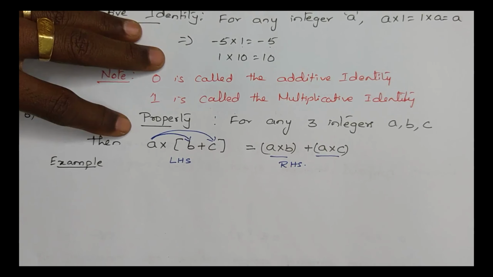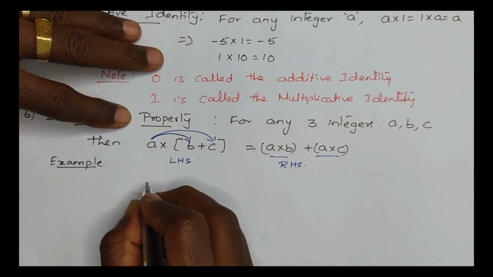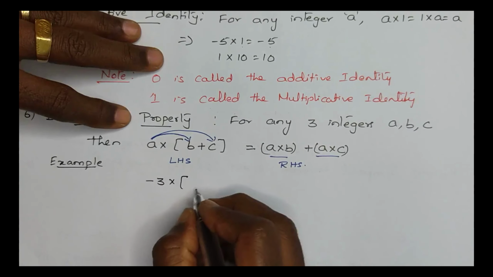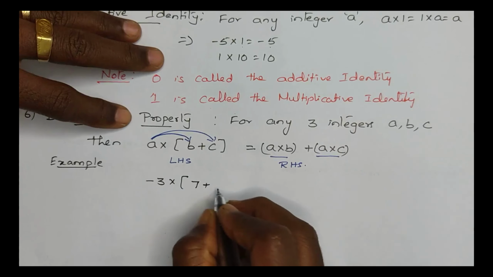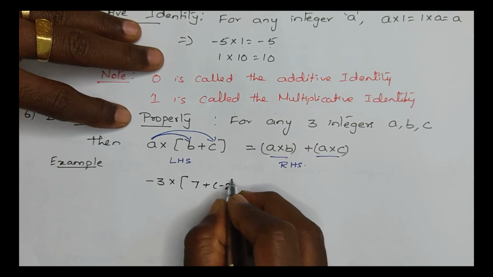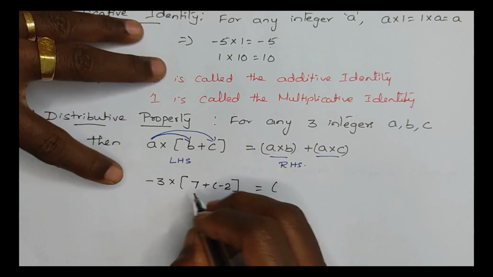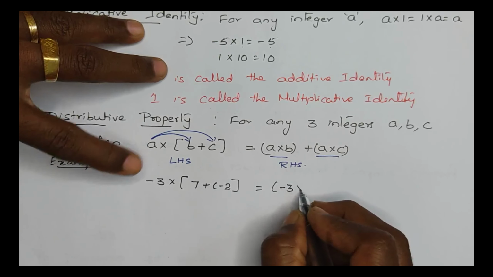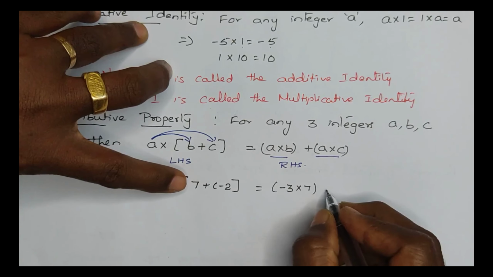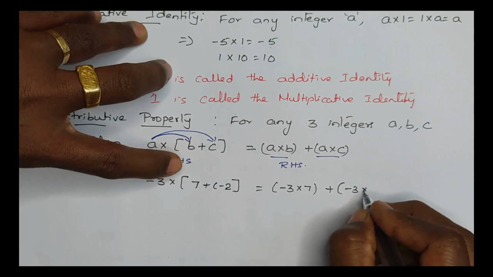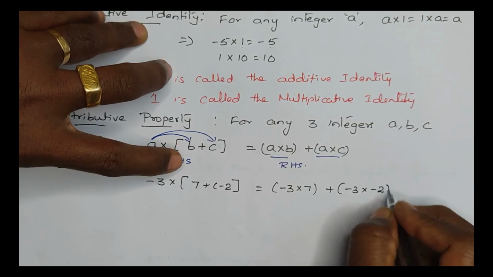Okay, let us take an example: −3 × (7 + (−2)). This should be equal to, so a value is −3, −3 × 7 + (−3) × (−2).